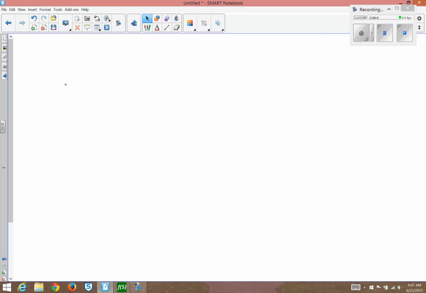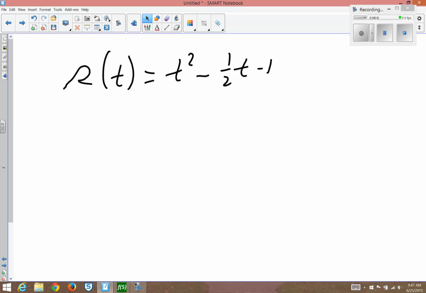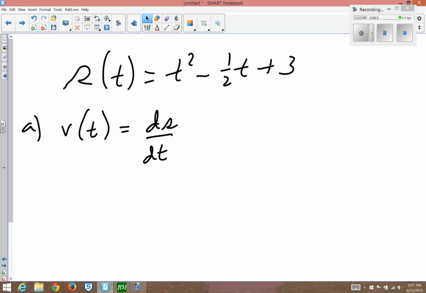So in this exercise, s of t is t squared minus 1/2 t plus 3. Part A says find v of t. That means the derivative of s, which is measured in meters, with respect to time, which is measured in seconds. And that's 2t minus 1/2.